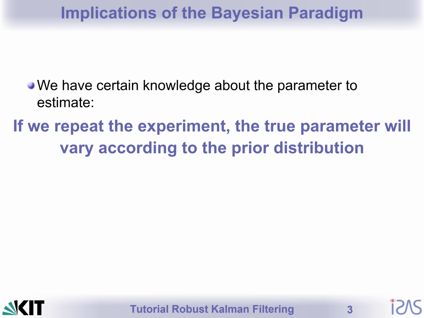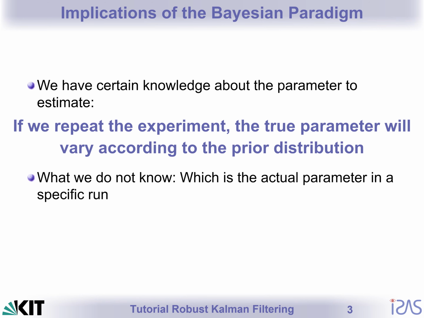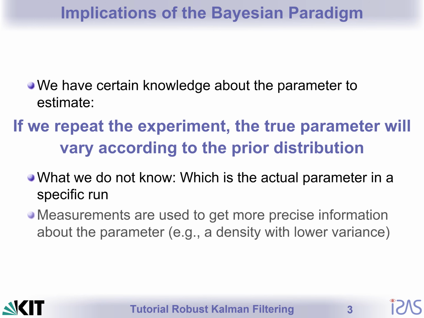So we really have some knowledge here that has implications if we do this entire experiment an infinite number of times. And we have this knowledge before we even have any measurement. What we do not know is the actual parameter in a specific run. Therefore, we need measurements to get more precise information about that parameter. More precise can, for example, mean that we get a density with lower variance.